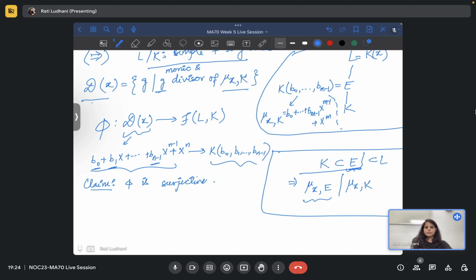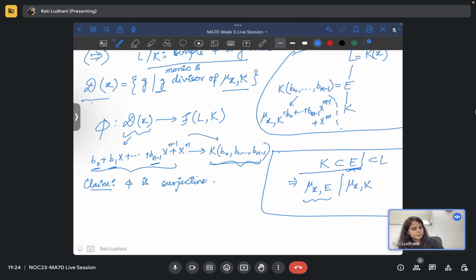So you take any monic polynomial and map it to K(b0, ..., b_{n-1}), which is unique, and every element has an image, so this is well defined. Okay, so we are saying that this map is surjective.